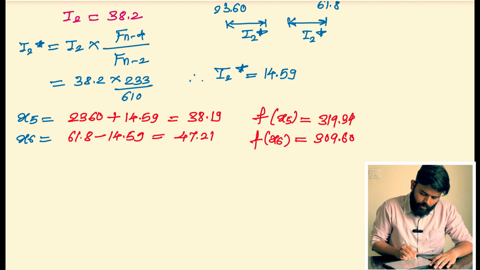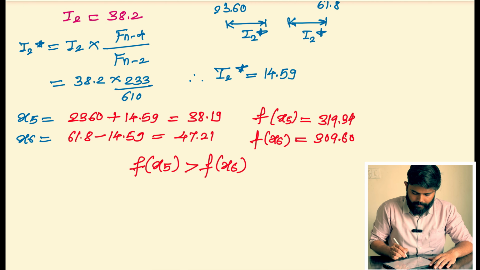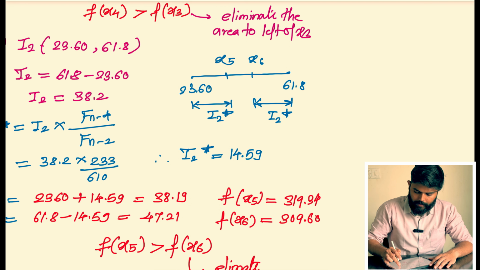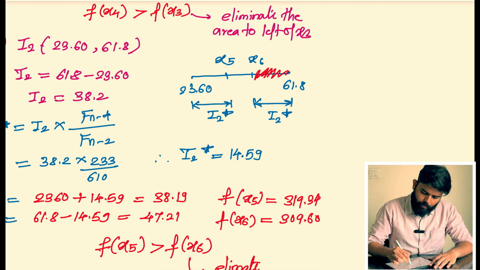Again, we can write down that f of x5 is more than f of x6. So therefore, we can eliminate the area to the right of x6. So this area will be eliminated and we will get a new interval.